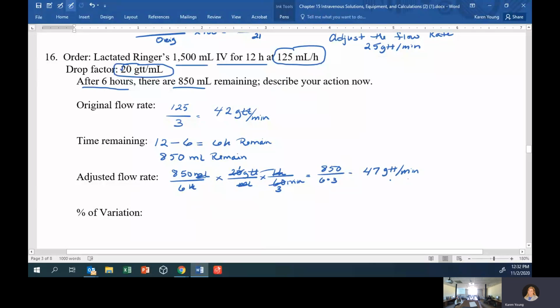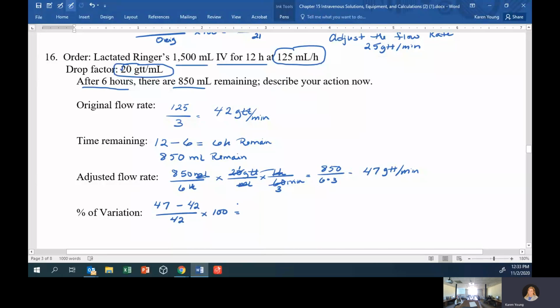Okay, so if my percent of variation is less than 25%, then I can adjust my IV to 47 drops per minute. So for my percent of variation, it's the new, which is 47, minus the original, which was 42, divided by the original, which is 42, times 100.